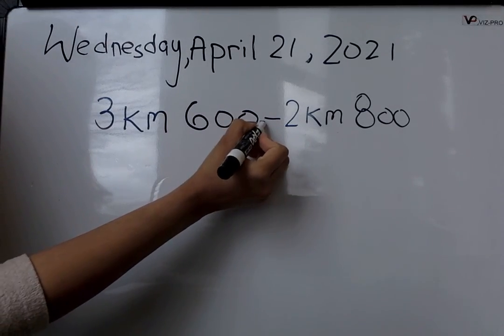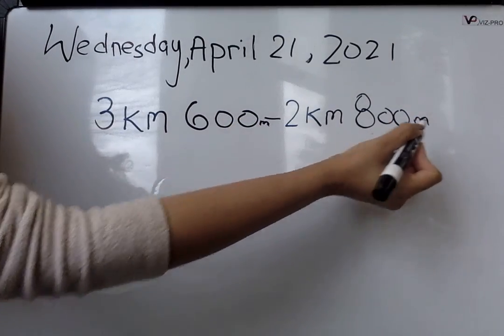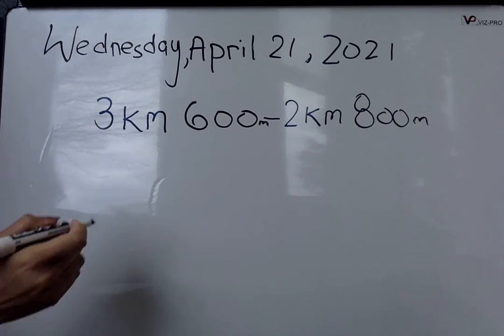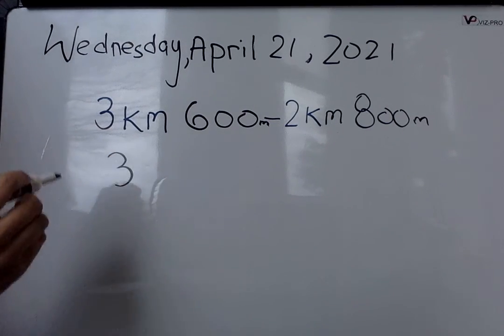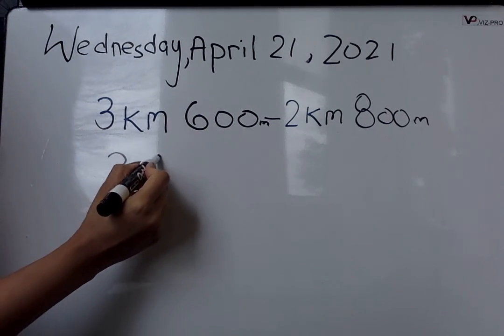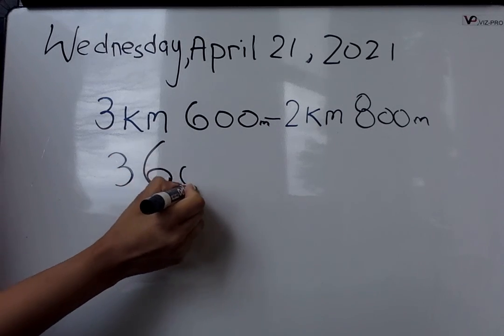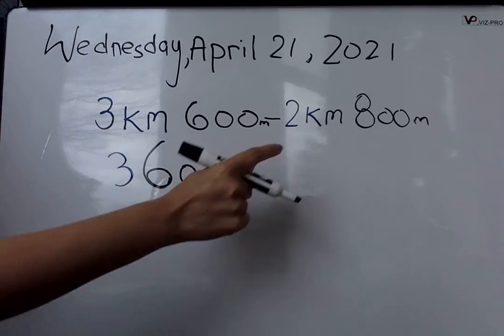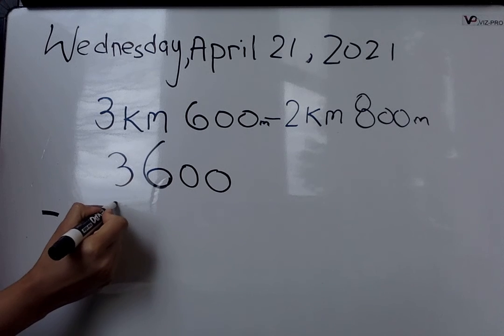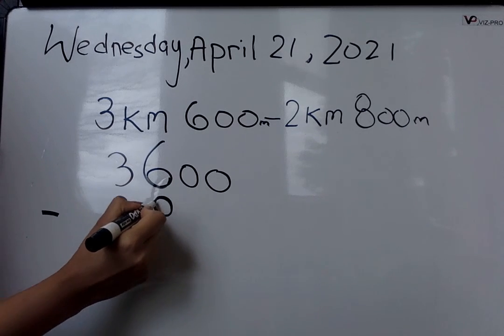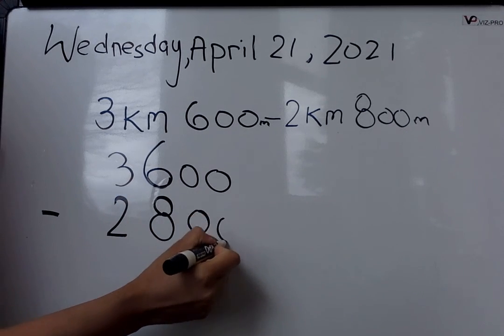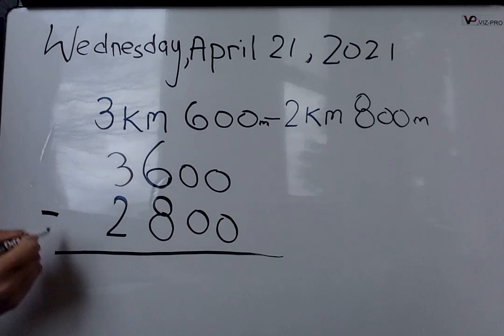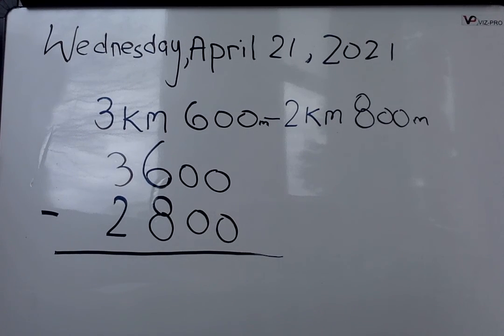So this is meters and meters. 3 km means 3,000, so we have 3,600, and we are subtracting 2,800.